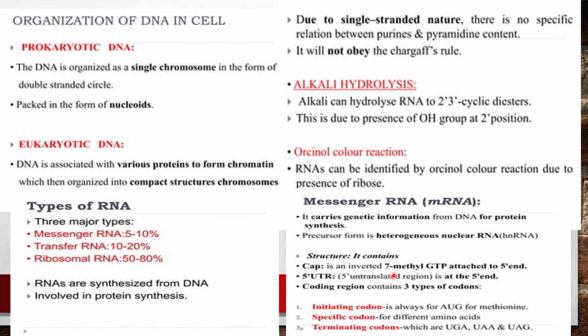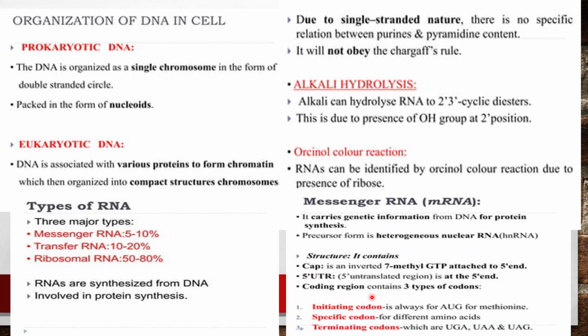There is an inverted 7-methyl GTP, guanine triphosphate, attached at the 5' end, while the 5' UTR, the 5' untranslated region, is also at the 5' end. This 7-methyl GTP is present at the 3' end as well. So there are two caps present at the 3' and 5' ends.